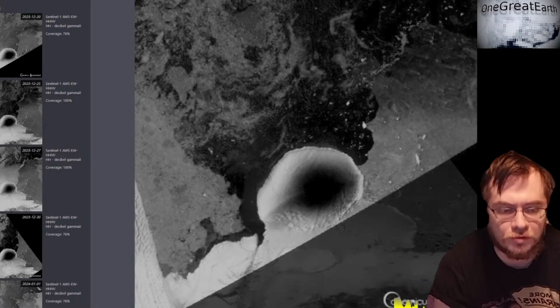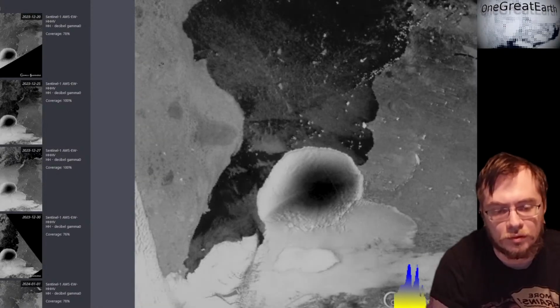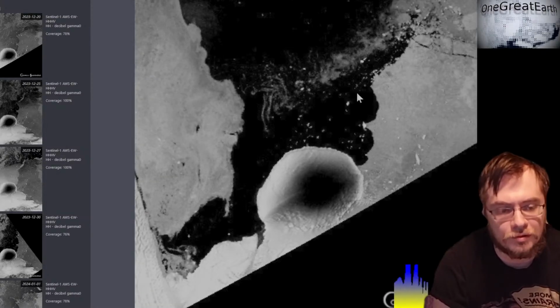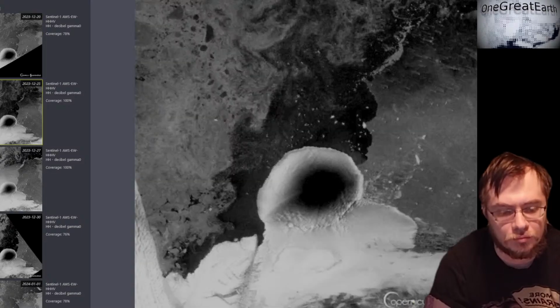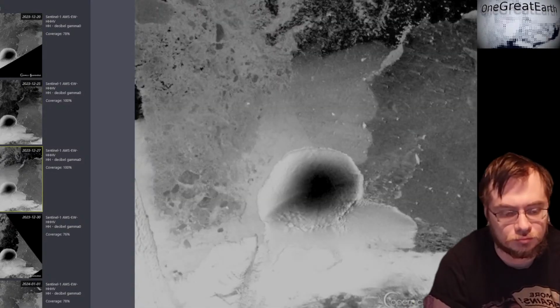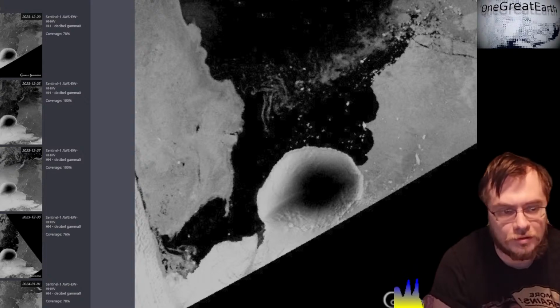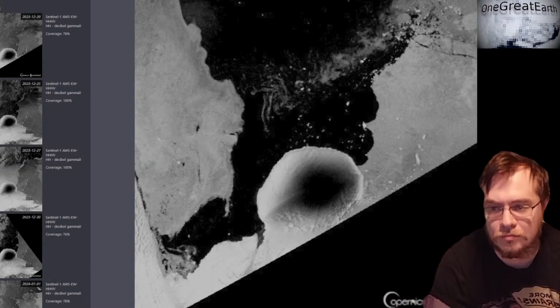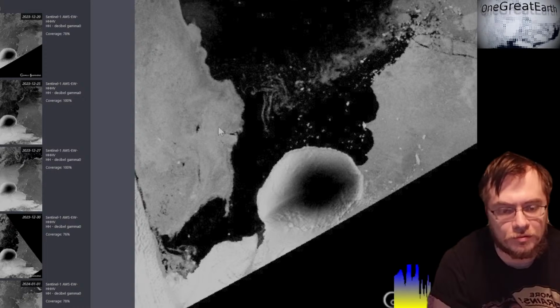No more sea ice over here on the east side, connecting this here on the east side, and the top side is starting up there too.